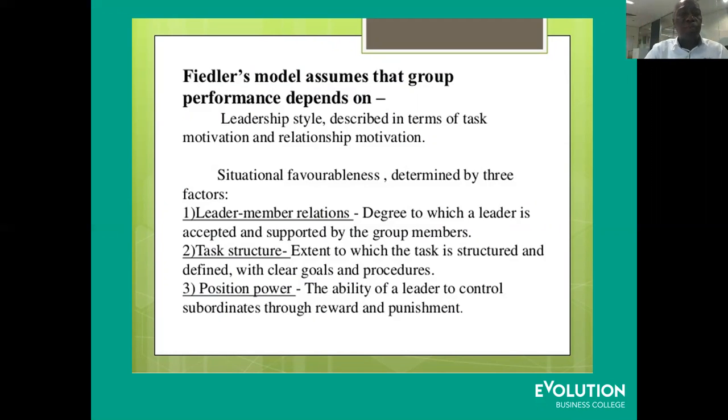And then position power, the ability of a leader to control subordinates through reward and punishment. We all know that when there's a high reward, when the stakes are high, the performance is really high. Look at the Olympics and the guys that run in athletics competitions, look at the tennis players, when they know there's $2 million on the line, the performance is really quite different.